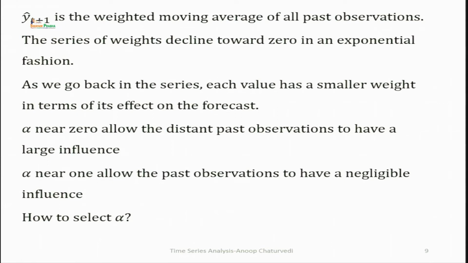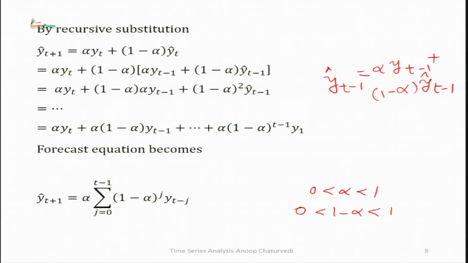Now, if alpha is close to 0, this allows the distant past observations to have a large influence. Again, we look at the expression. If alpha is close to 0 means 1 minus alpha is close to 1.